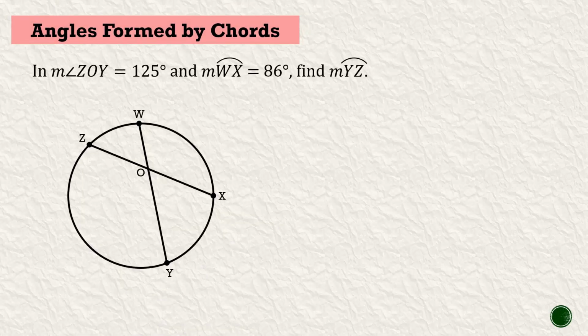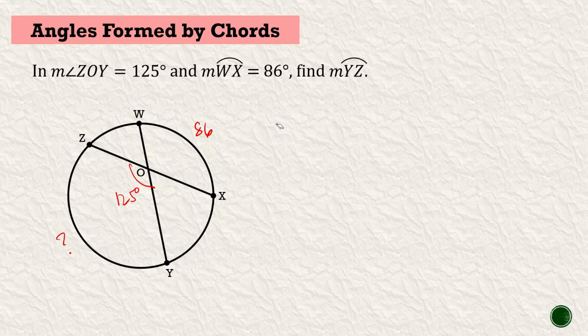Alright, so here we have the measurement of angle ZOY given this time, and it's 125 degrees. And then we have the arc WX, which is given, and that's 86 degrees. The other arc, which is YZ, is missing. And that's the problem, all right? We want to know that.